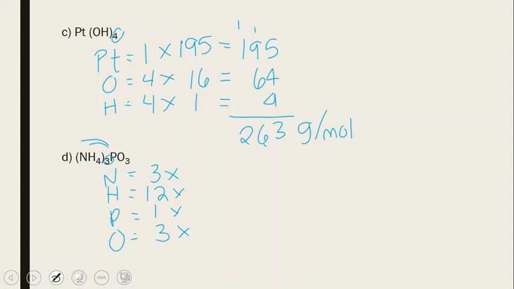Okay, the atomic mass, nitrogen is 14 times 3, 42. Hydrogen is 1 times 12 times 1, 12. Phosphorus is 31 times 1, and oxygen is 16 times 4, it's 48.